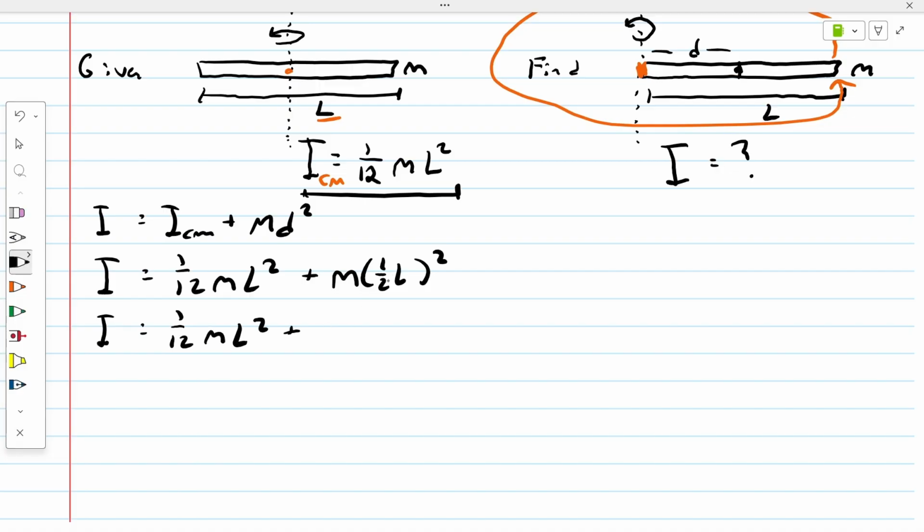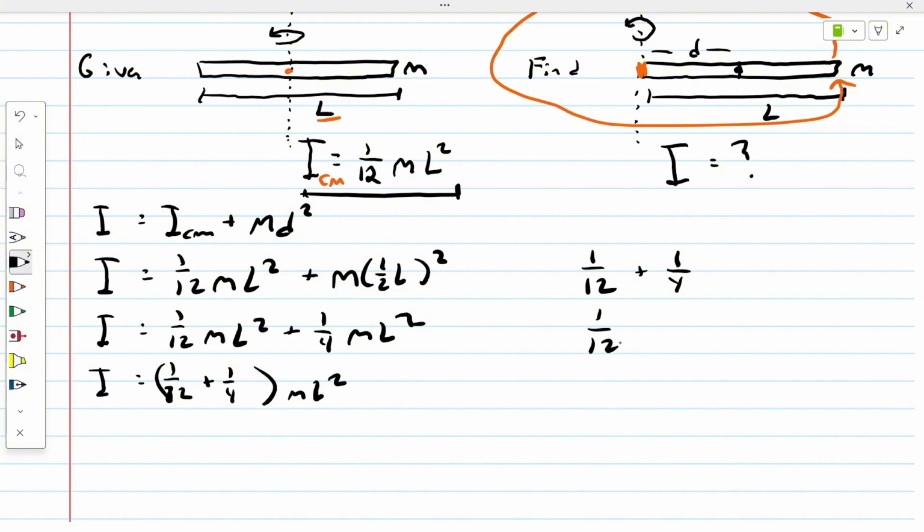And so this is 1/2 squared, which is 1/4 ml squared. And so now we just need to do 1/12 plus 1/4, and this is multiplied by ml squared. So I'll just do that over here. Just a simple adding of fractions.